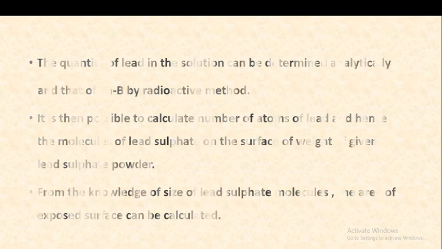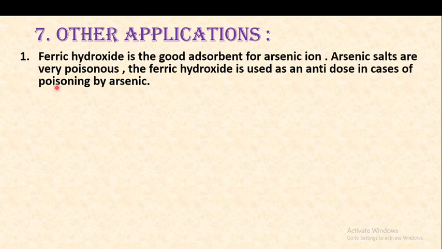So next and the last, there are some other applications of adsorption. First, ferric hydroxide is a good adsorbent for the arsenic ion. Different adsorbents are good for different reactions. Arsenic salts are very poisonous, as we know.